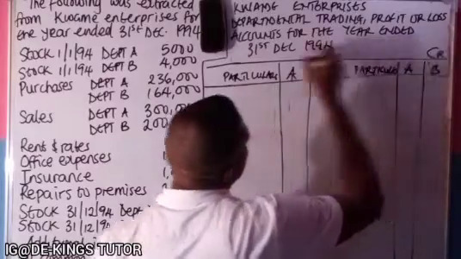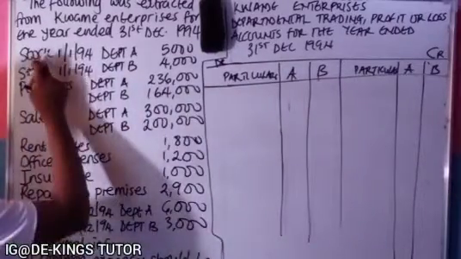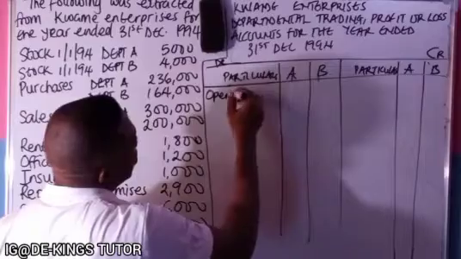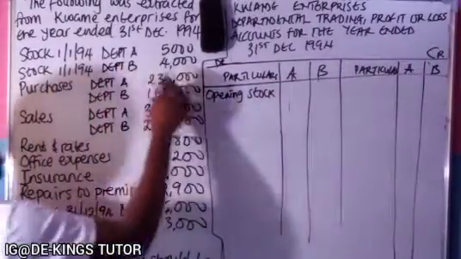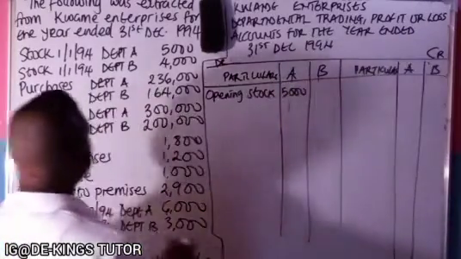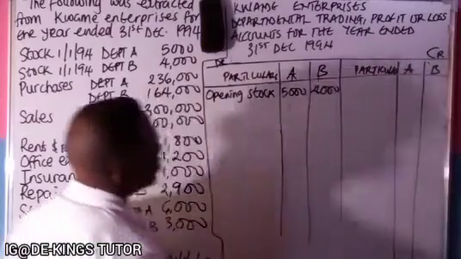This is credit, and this is debit. So we're going to start with the first one, opening stock. Department A, they said it's 5,000. Department B, they said it's 4,000 Ghana cedis.